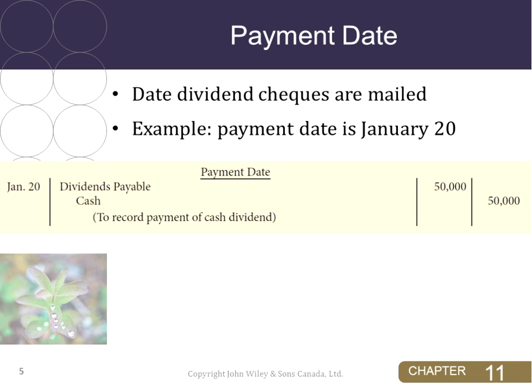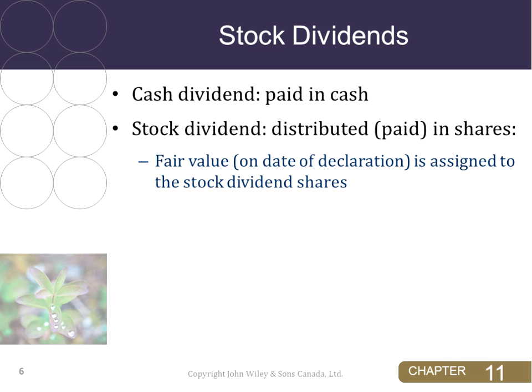And again, those three important dates are the declaration date, where we set up the obligation; our record date, which is the date that we understand who's actually going to receive the dividends, so who owns the shares on that date, with no record required inside of the company; and then our payment date, the actual date that we're going to send the checks out, when we remove our legal obligation of dividends payable and pay out our cash.